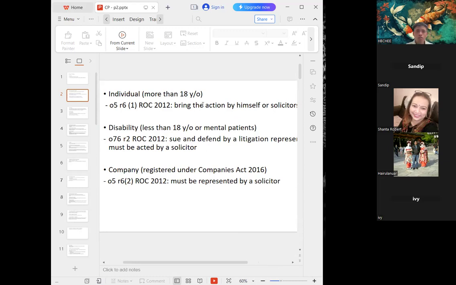Okay. So for an individual, if you are more than 18 years old, you can either bring the action by yourself or by a solicitor. However, disability is sometimes very tricky, because how to define a person as disabled under the rules is defined under the Mental Health Act 2003.